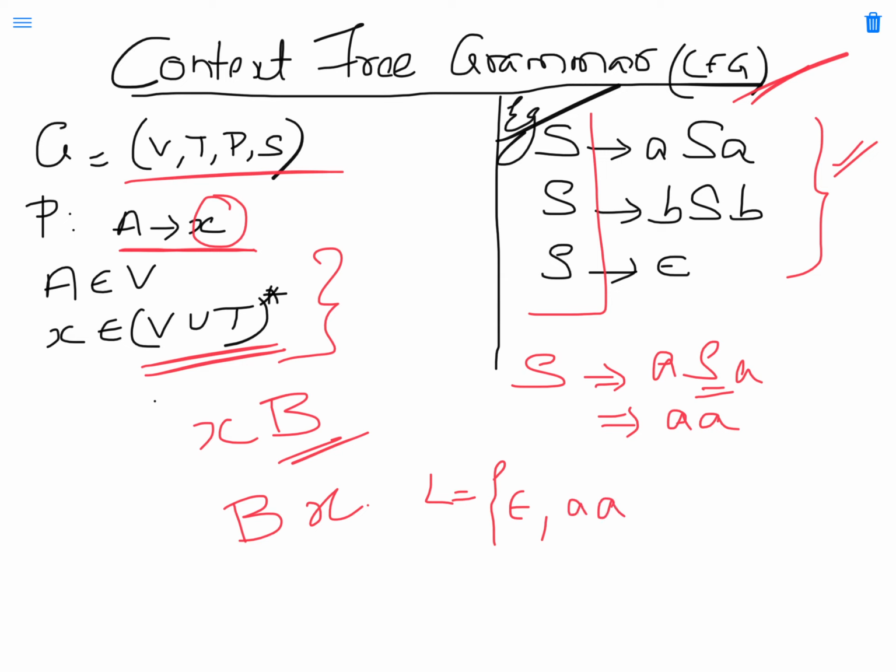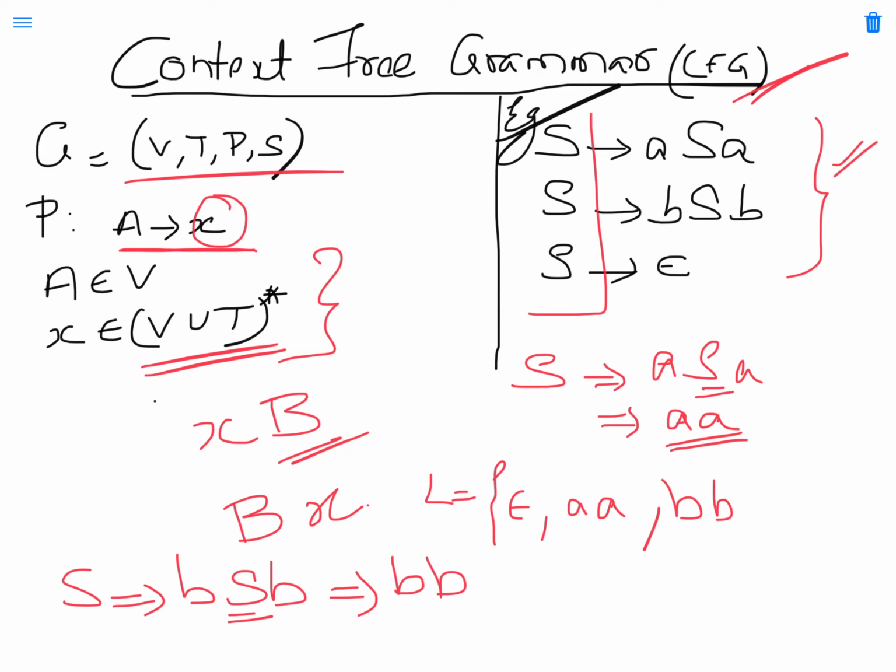So AA is another string that can be accepted. Similarly, if you take S derives BSB, and in place of S you substitute epsilon, you get the string BB. So BB is another string.